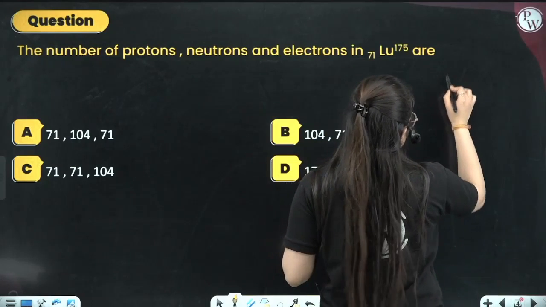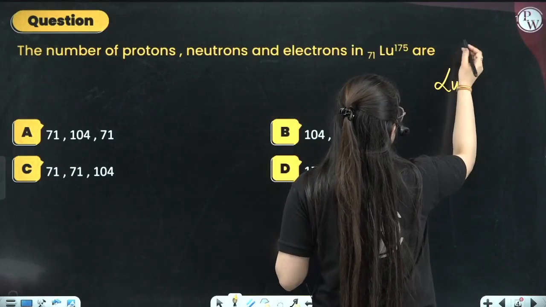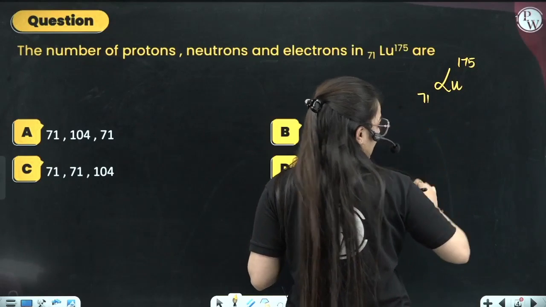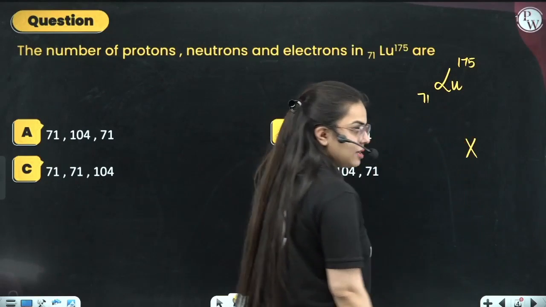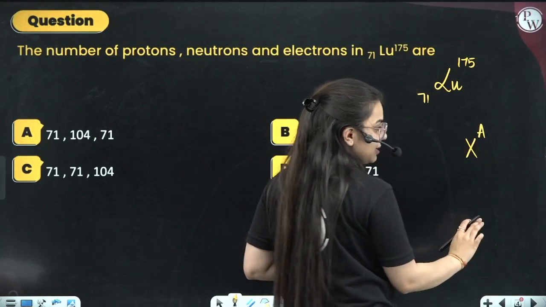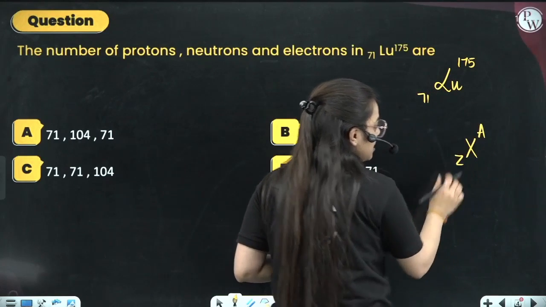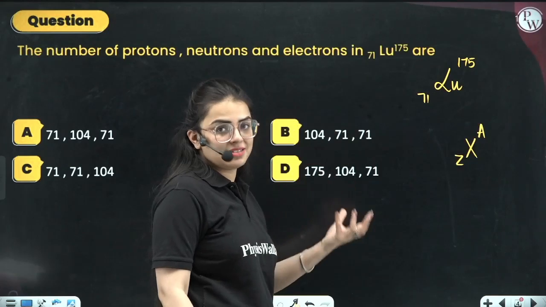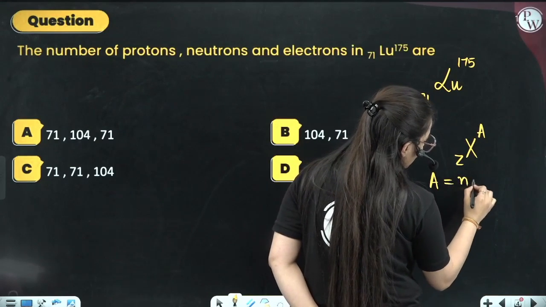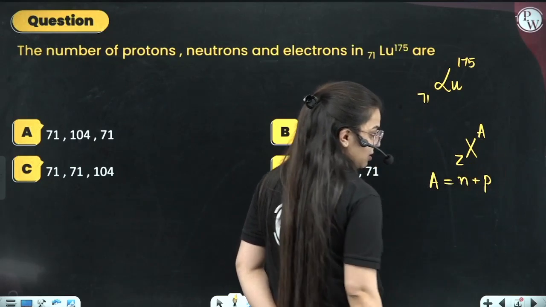Now, see, basically here it is written 175 and here it is written 71. If I talk about any element X, okay, its mass number is written over here, which is represented by capital A, and its atomic number is written at the base, represented by Z. Let me tell you what is mass number A. Mass number is equivalent to number of protons plus number of neutrons, okay?